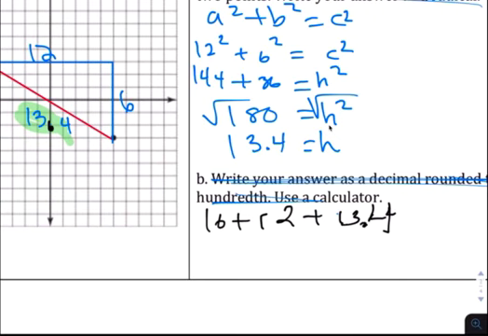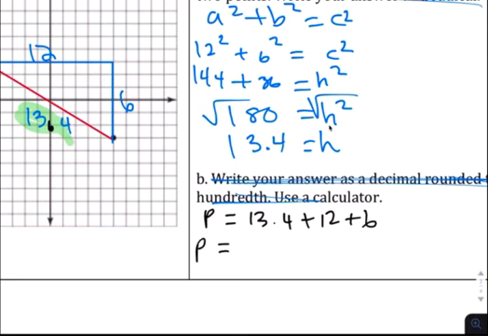So perimeter. Okay, you know what to do for perimeter. You add all the sides. Okay, perimeter, you add all the sides. 13.4 plus 12 plus 6. So perimeter equals 31.4 units.